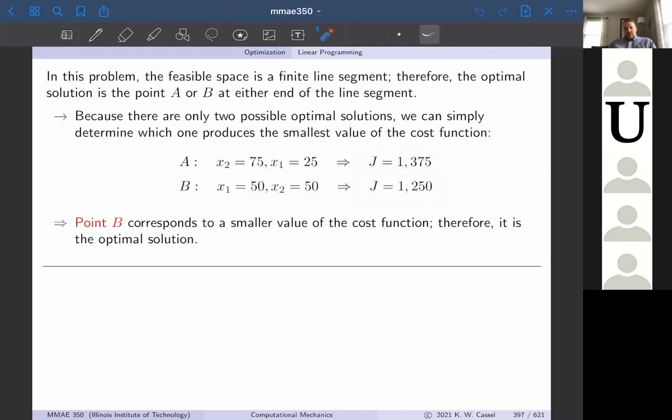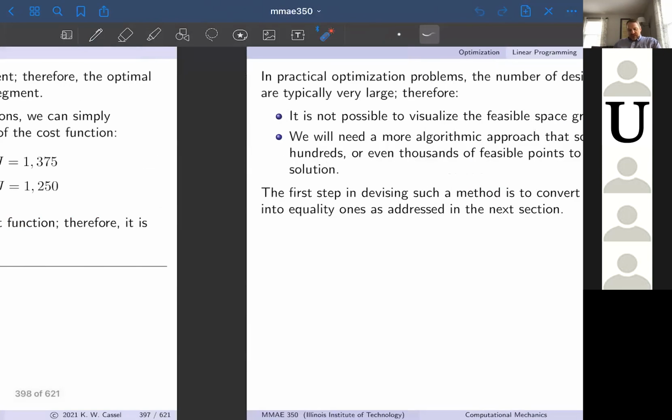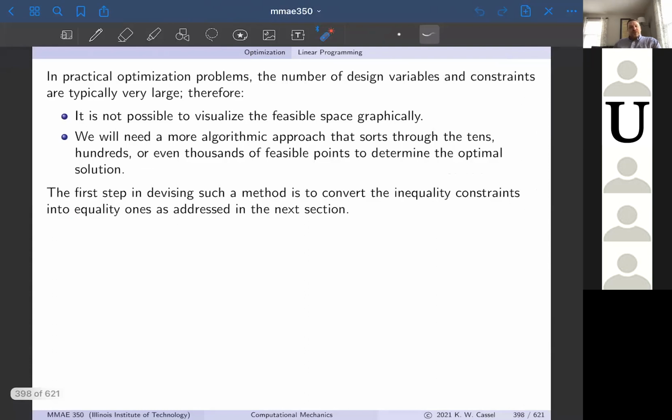And clearly this one, point B, was the one that minimized the total cost. So we'll come back to that problem. We'll look at it in a more general fashion as we discuss the techniques that we'll be using in carrying these out. So I've been hinting at this, but let's nail it down more specifically.